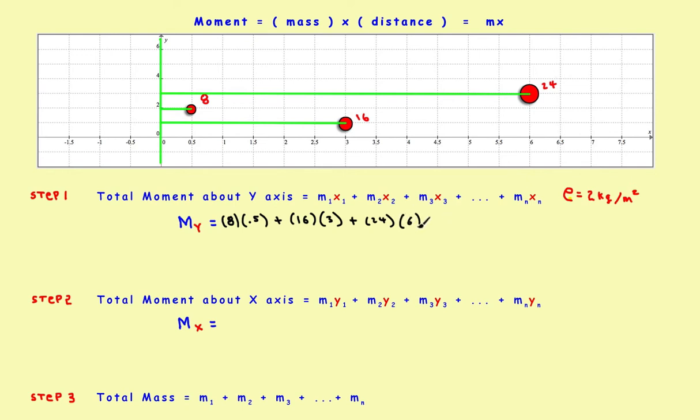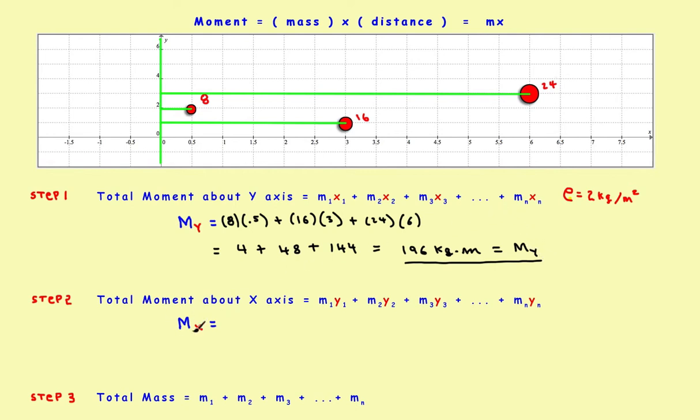Let's solve that. This is going to be 4 plus 16 times 3, which is 48, plus 24 times 6, which is 144. If you added all that together, you would come up with 196. The units are kilogram meters, and that's the moment of this system about the y-axis.